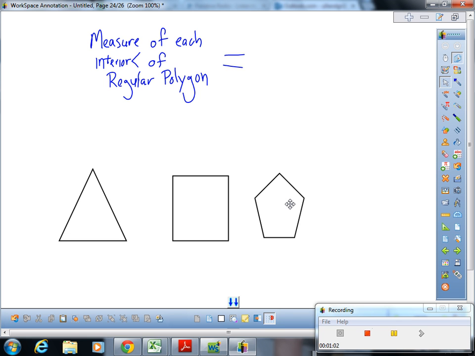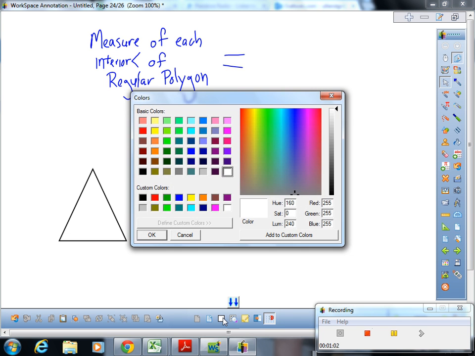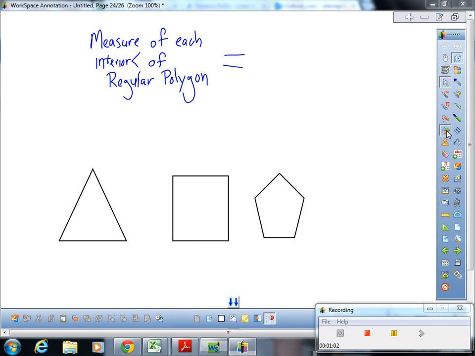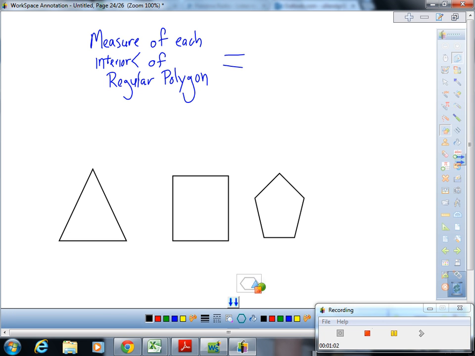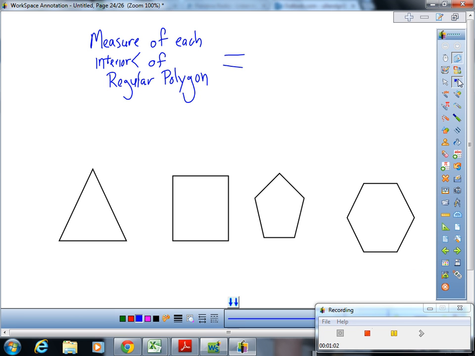And we got room for one more. So we'll put a regular hexagon right there. And minimally, what we want you to see is that angle 2 is clearly bigger than angle 1. Angle 3 is bigger than angle 2. And angle 4 is bigger than angle 3. So as the number of sides of a regular polygon increases, the measure of the angle also increases.